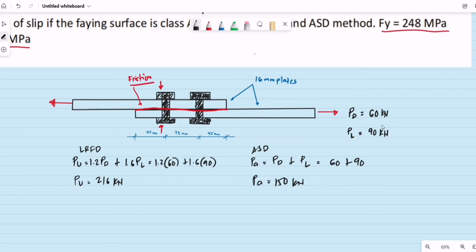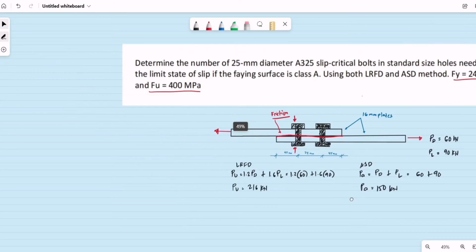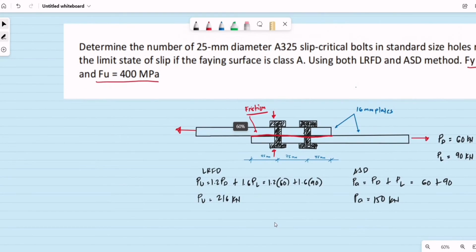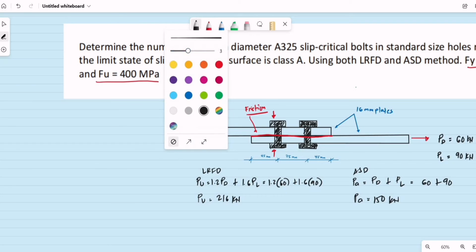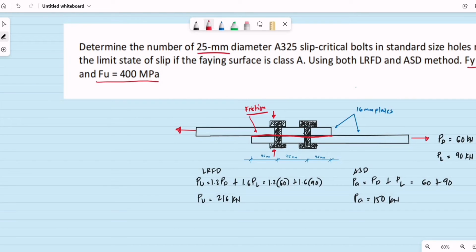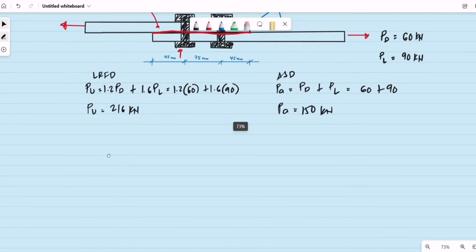Okay, so let's have the resistance of one 25 millimeter diameter bolt. So again, we are using 25 mm.